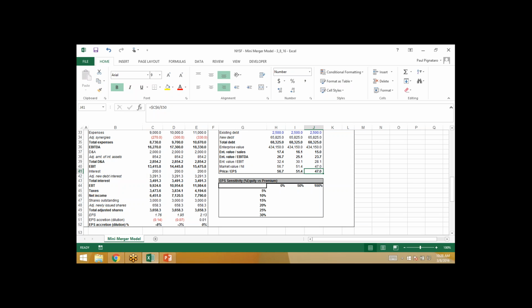So start with that, go top down. Synergies, interest, tax. One more. Amortization. Synergies, amortization, interest, taxes, shares. Those are all the variables.